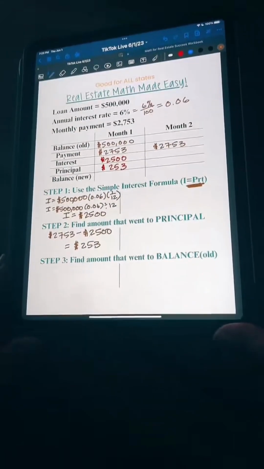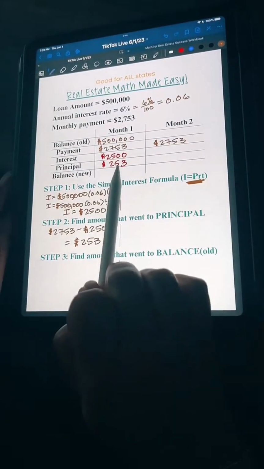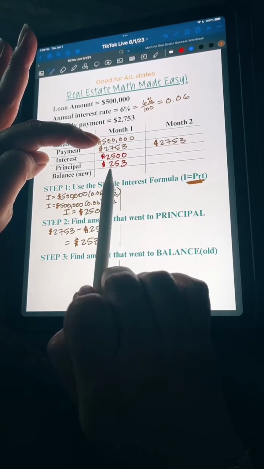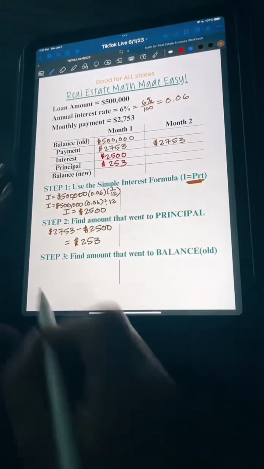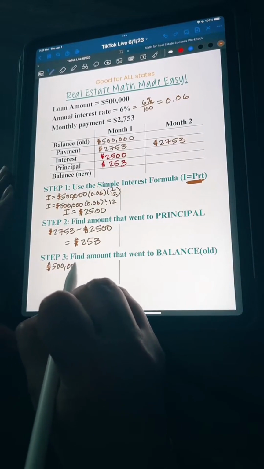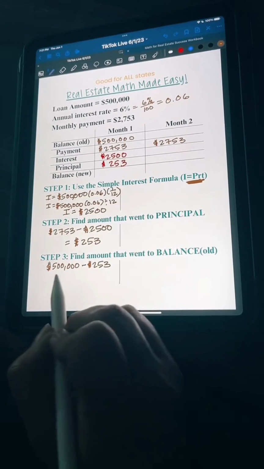Now, my last step for that month is to take how much was taken off of the original loan amount. So I got to subtract 253 from the $500,000. So $500,000 minus $253.